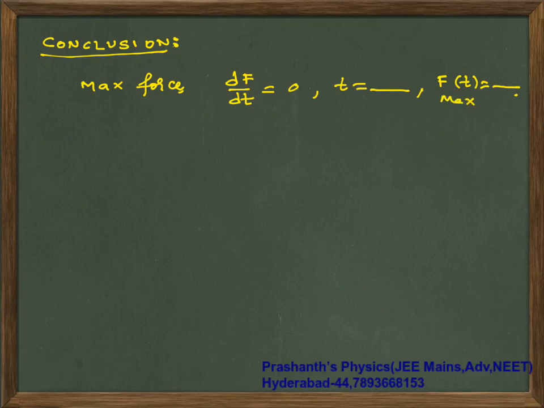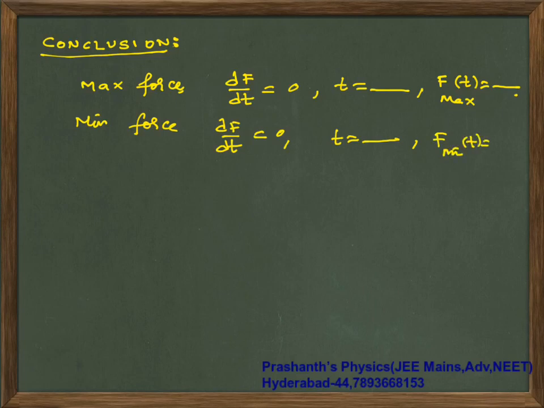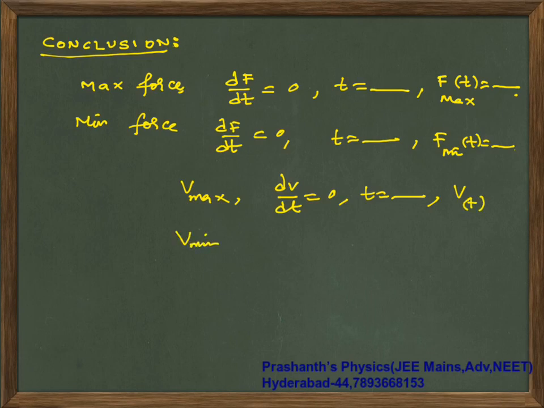If you want minimum force, do dF by dt equal to 0, get the value of t, calculate F of t. Similarly for maximum velocity, do dv by dt equal to 0, get the value of t, calculate v of t. For minimum, do dv by dt equal to 0, get the critical point, and calculate v min of t.